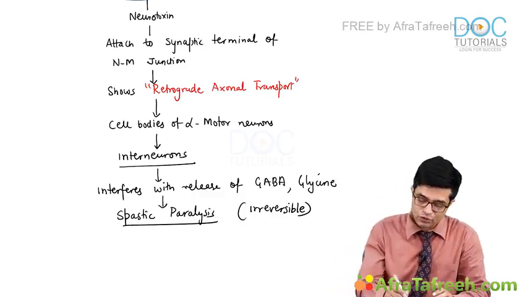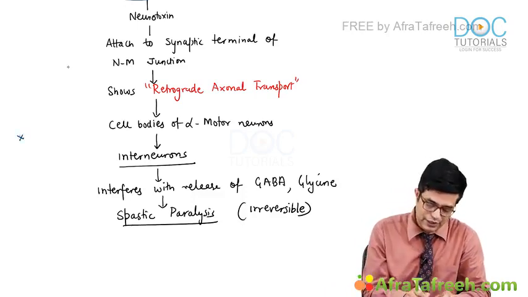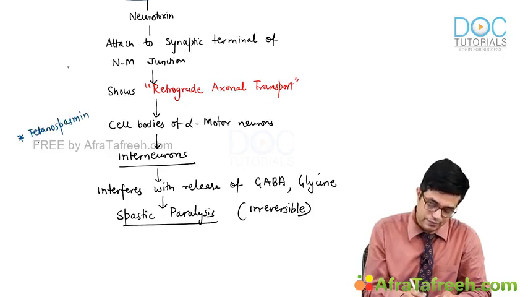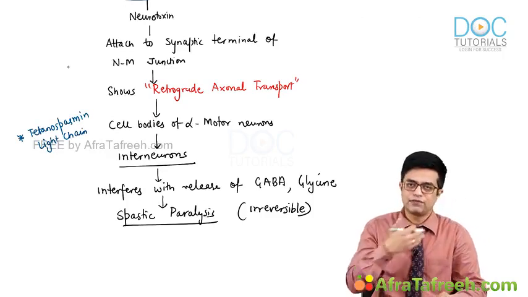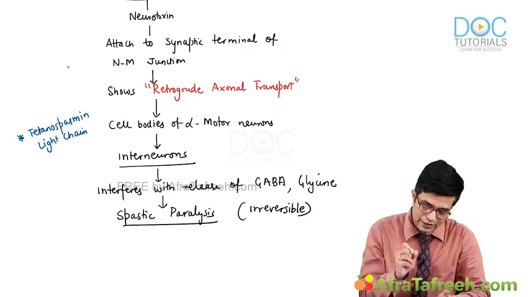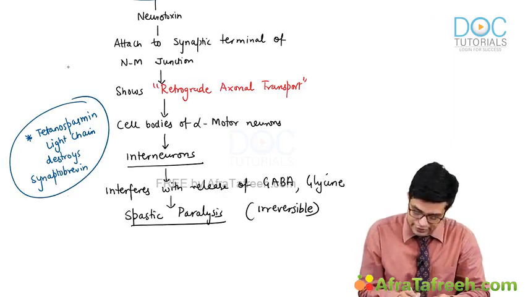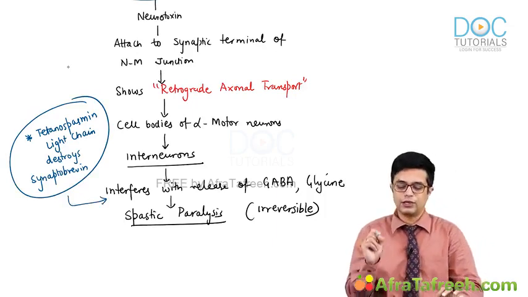As a potential high yield extra edge point, mentioned in Nelson, the heavy chain is involved in only localization and movement, right? Light chain is the active component. Tetanospasmin light chain destroys a protein called synaptobrevin, which results in interfering with release of GABA and glycine.